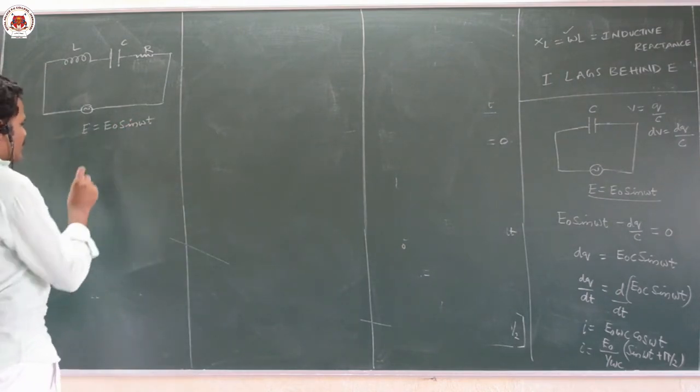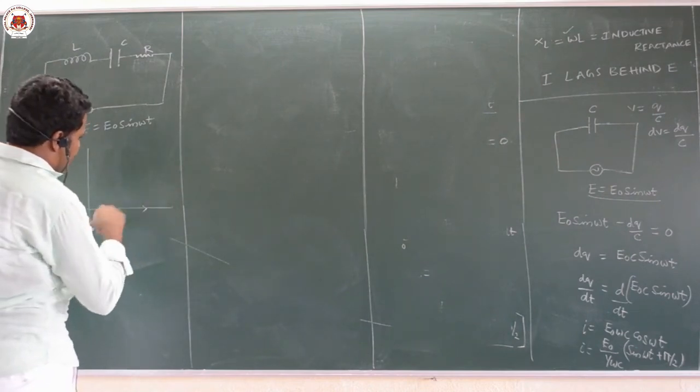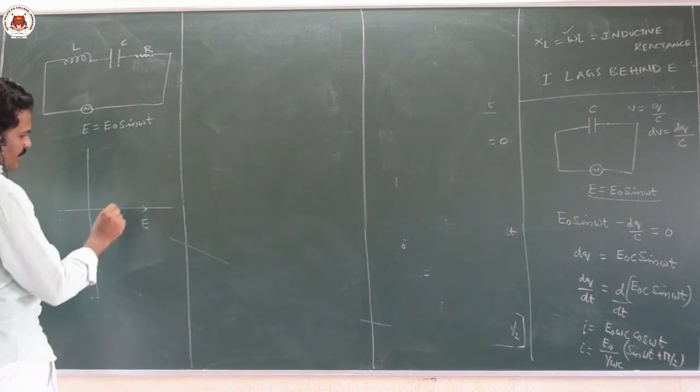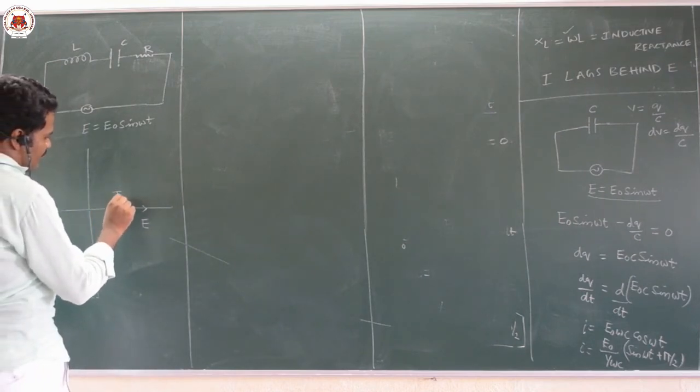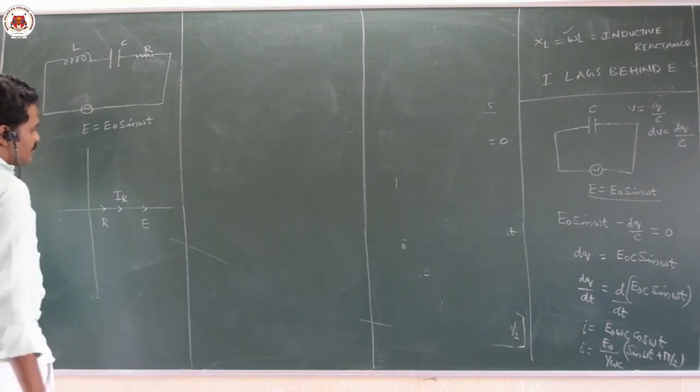Now observe the phasor diagram: this is the direction of applied voltage E, and the current due to the resistor will act in this direction, and the reactance of the resistor will act in this direction.